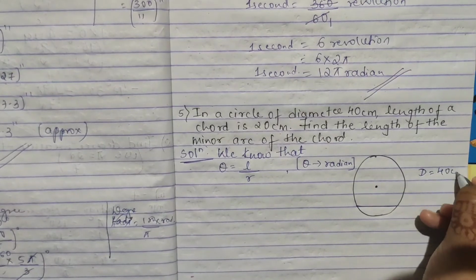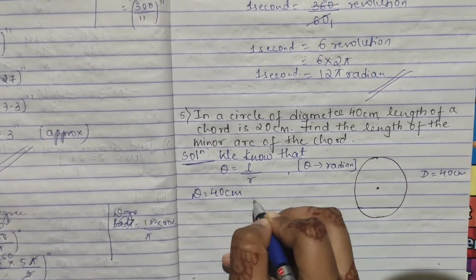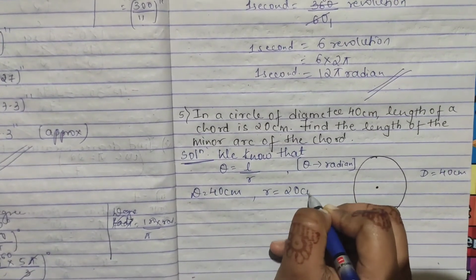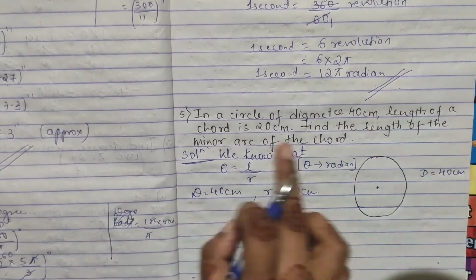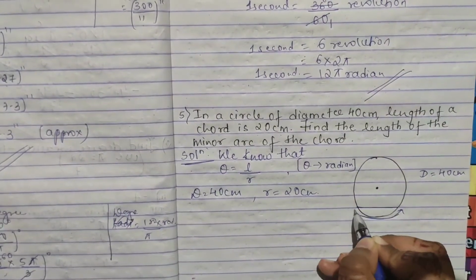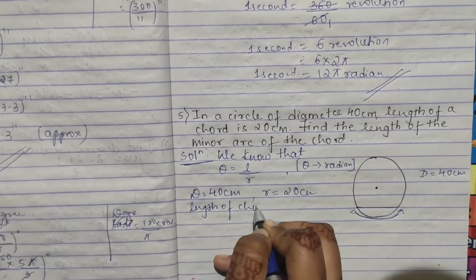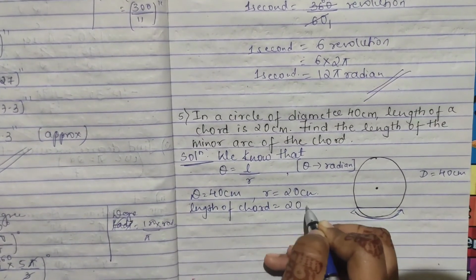They have given 40 centimeter. So if diameter is 40, the radius will be 20 centimeter. And the length of the chord, how much have they given? That is also 20 centimeter.